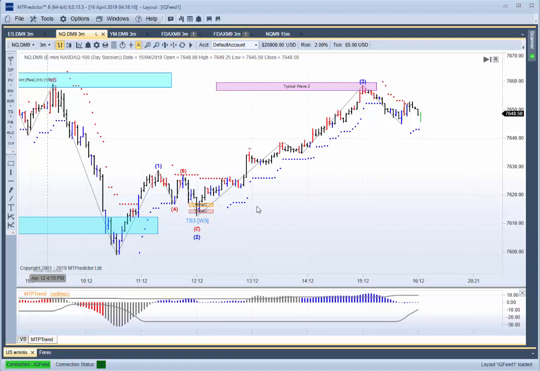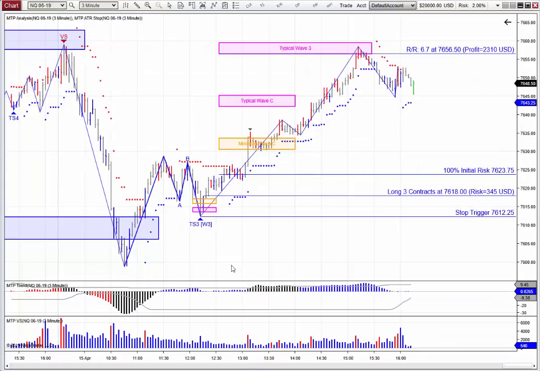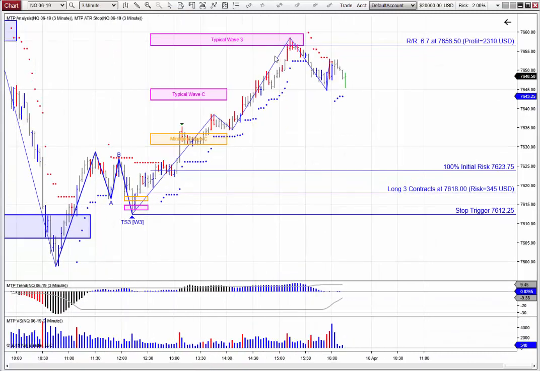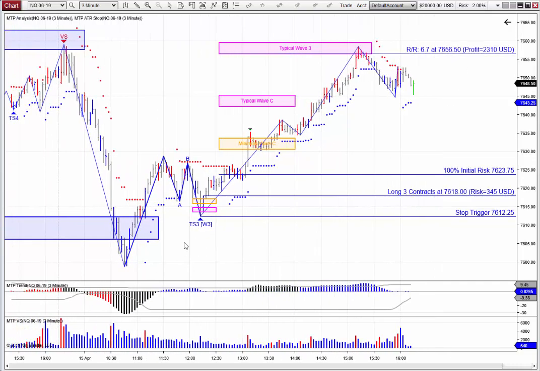And as we've already shown, the reason we like it is, if I go back to our NinjaTrader 8 add-on, so I'll just skip backwards and forward, because the wave 3 is the strongest and longest in a completed 5-wave sequence. It normally represents the largest profit potential in relation to the smallest initial risk. So that's the W3 or wave 3 trade setup in MTPredictor 8, our NinjaTrader 8 add-ons, as you can see here, and our NinjaTrader 7 add-ons, and is one of our favorite trade setups here at MTPredictor.